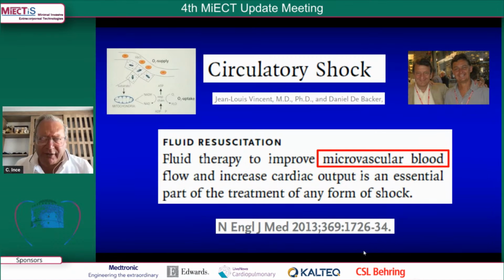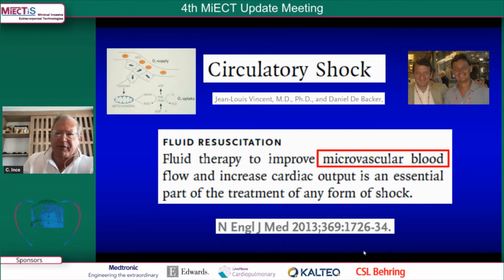If we look at practically all the guidelines regarding shock, hemodynamic monitoring, and fluid therapy, all is really focused on the ability to influence microvascular flow or tissue perfusion.